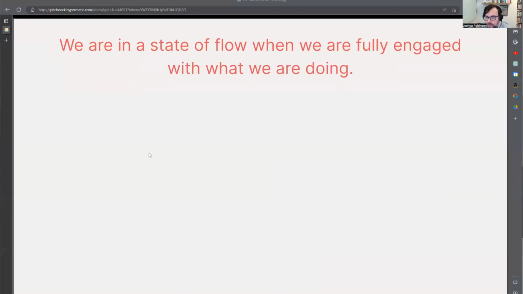So I think of it this way. We're in a state of flow when we're fully engaged with what we're doing. And we can incorporate challenge into activities, products, games, and experiences to enhance their enjoyability. But we have to think about balance. We have to think about well-balanced.